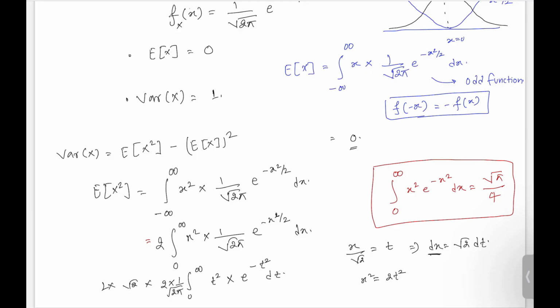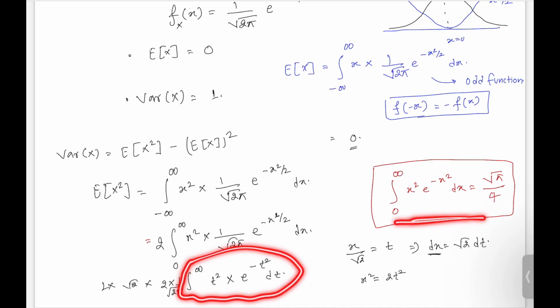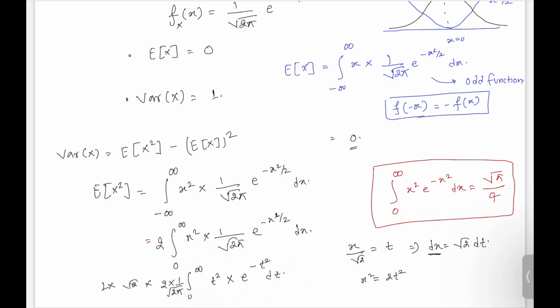Now we can directly make use of this result. So this is what we have here, right? The value of this integral will be 2 times root 2 into 2 times 1 divided by root 2 pi into root pi divided by 4.